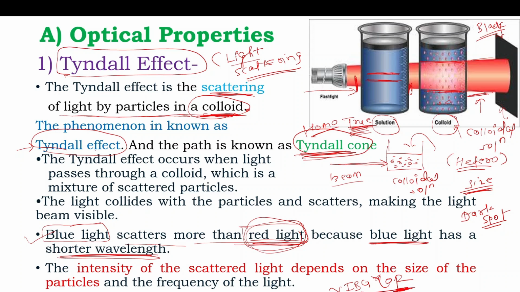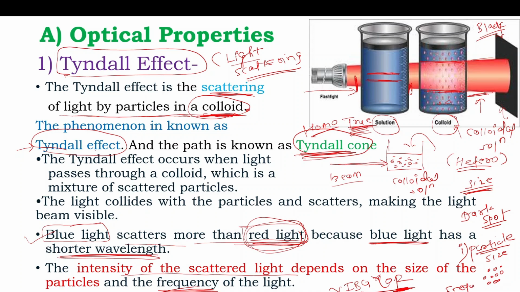Also the intensity of light scattered depends upon the size of the particles and the frequency of light we pass. Simple है, scattering of light depends on two things. First one is the particle size, which can affect the color of the dispersion or the scattering of light. Also it depends upon the frequency of light.